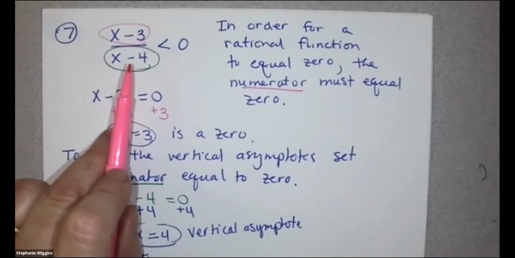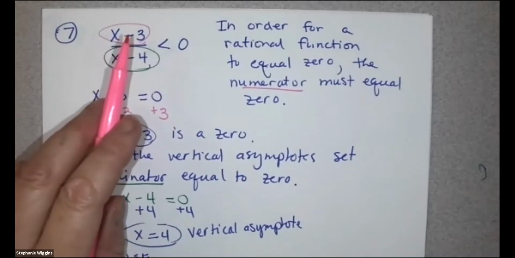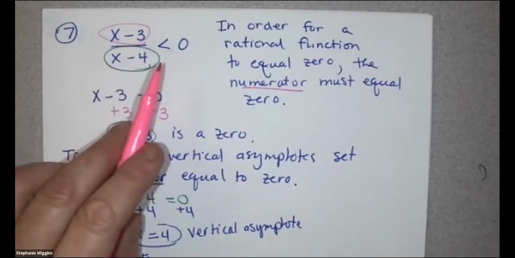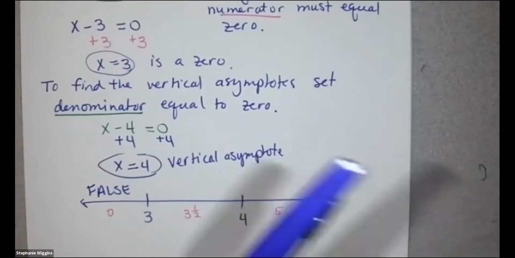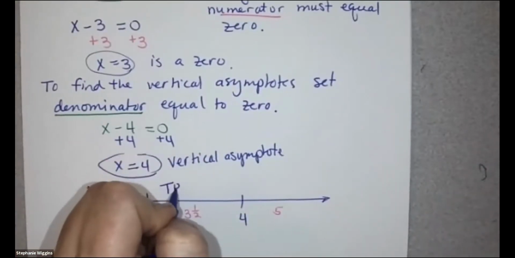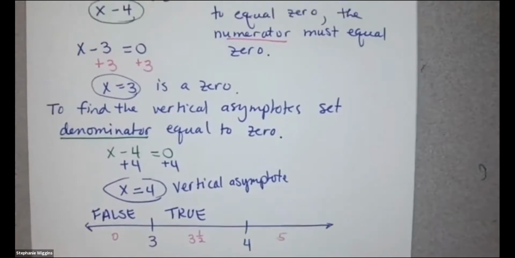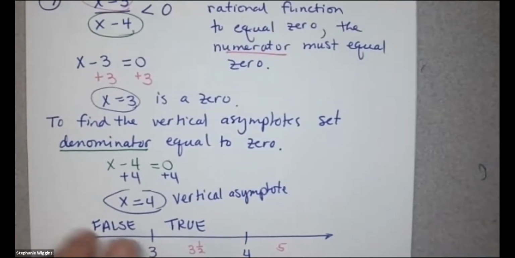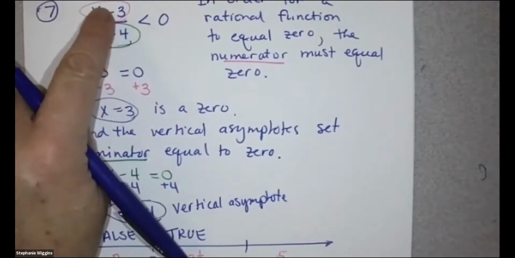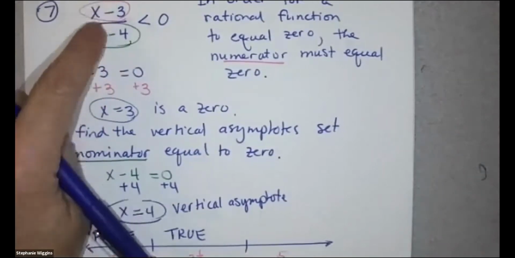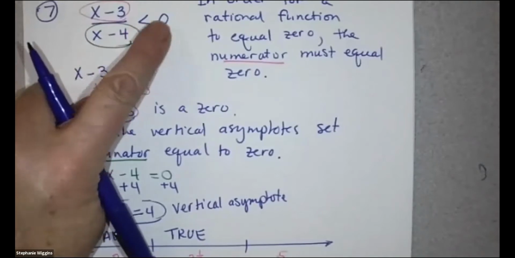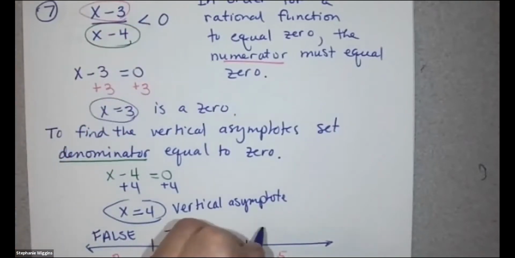If I subtract 4, I get -1/2, and so that becomes -1. Is -1 less than 0? True. And then finally, plugging in 5 here, 5 minus 3 is 2, 5 minus 4 is 1. 2 divided by 1, is that less than 0? That's false. 2 is not less than 0.